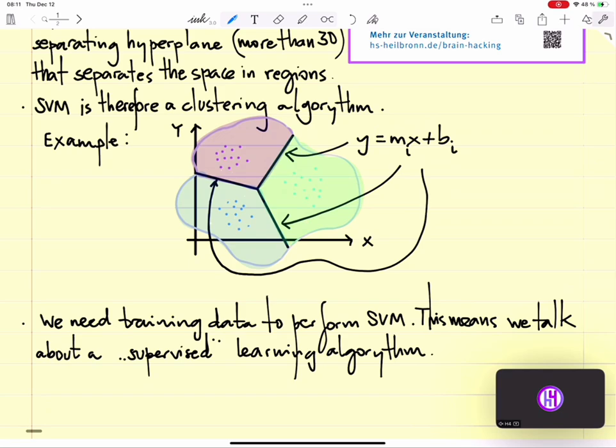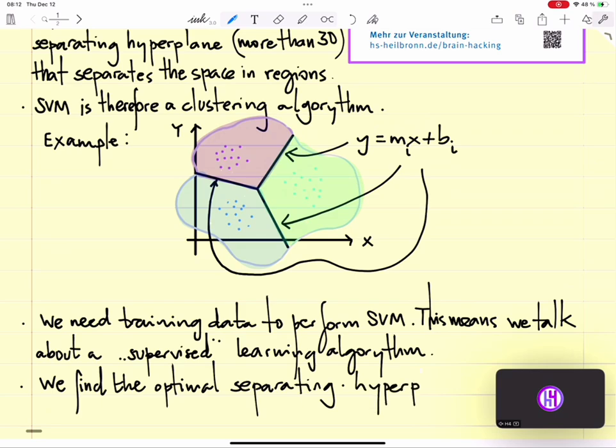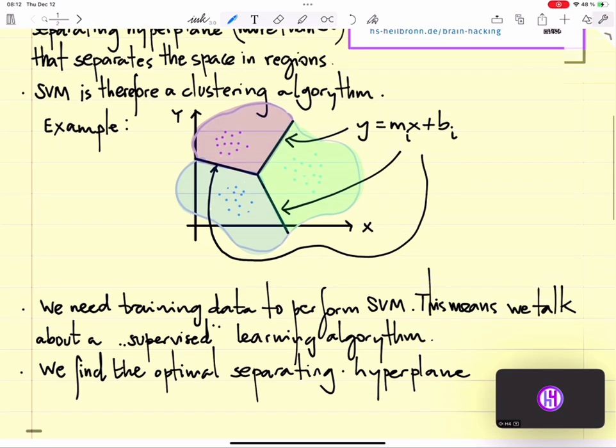Okay. We also say that we find the optimal separating line or hyperline or hyperplane. In general, it's a hyperplane. A hyperplane in 2D is a line.